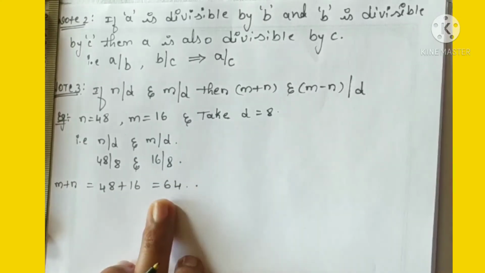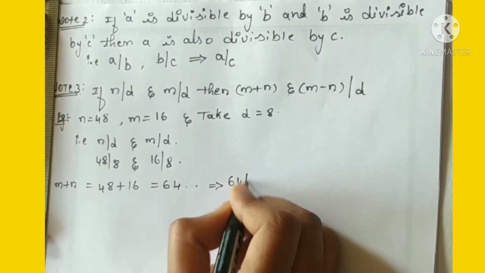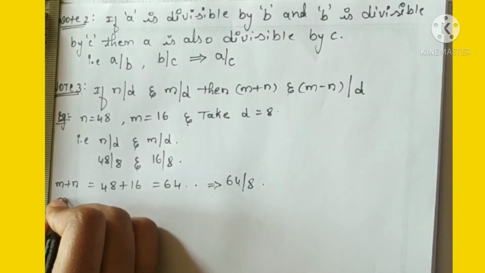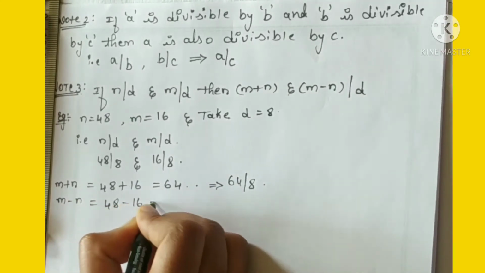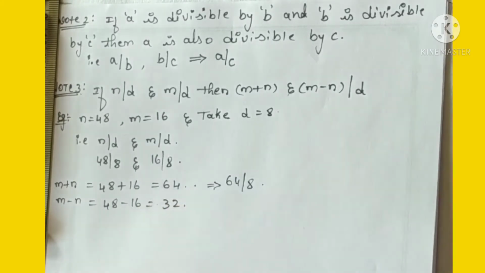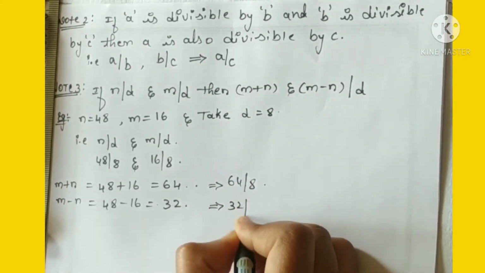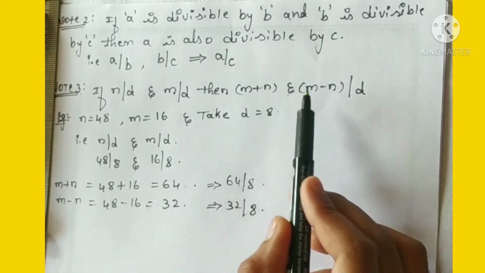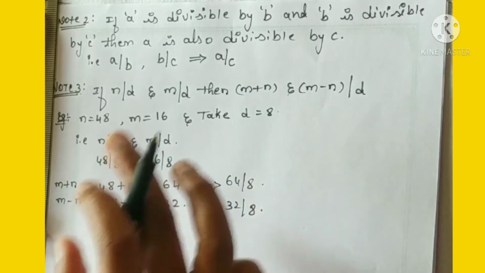This 64 is divisible by 8. Now M minus N means 48 minus 16, which is equal to 32. This 32 is also divisible by 8. So we can say M plus N and M minus N are divisible by D. This is all about the note.